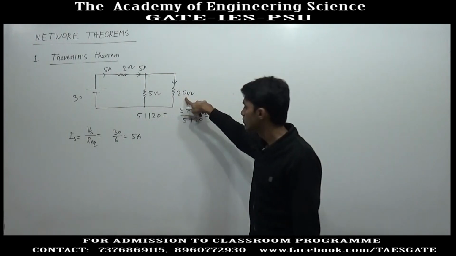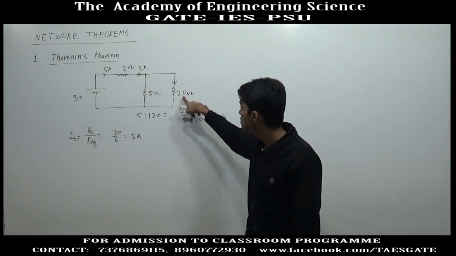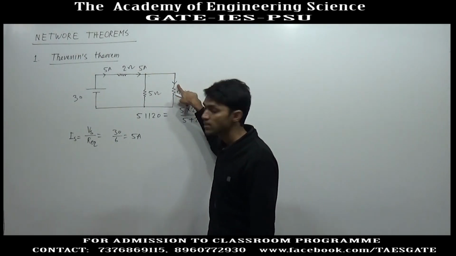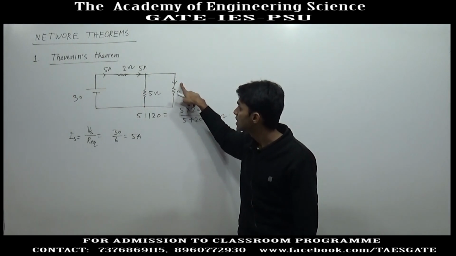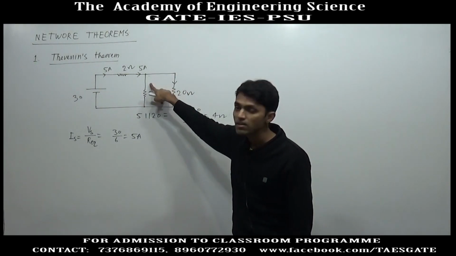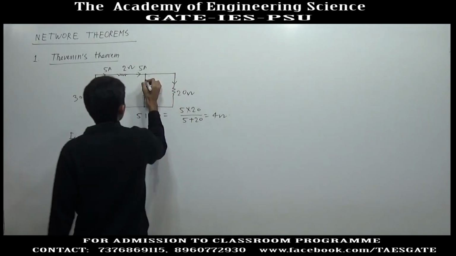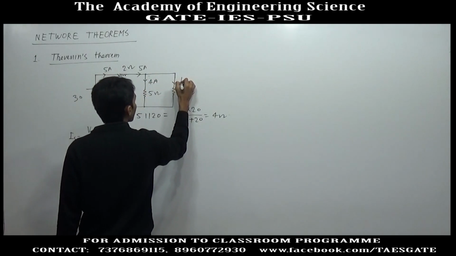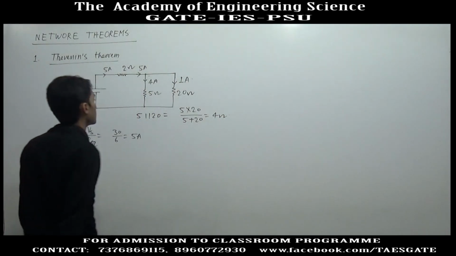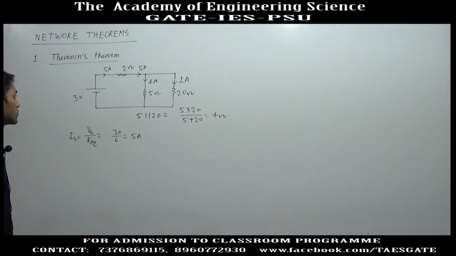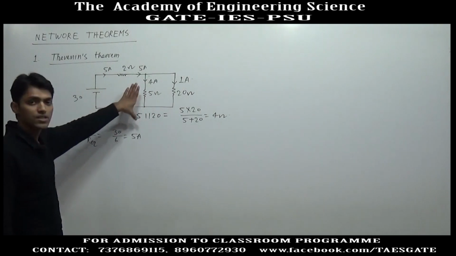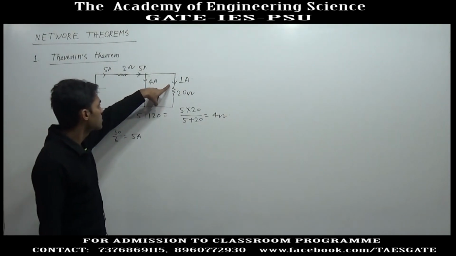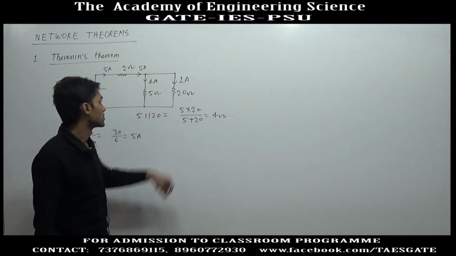Since this has 4 times higher resistance, the current through it will be 4 times lesser than the current in the 5 ohm branch. So from here 4 ampere current will flow, and from here 1 ampere current will flow. This way we calculated the current through this 20 ohm resistance.